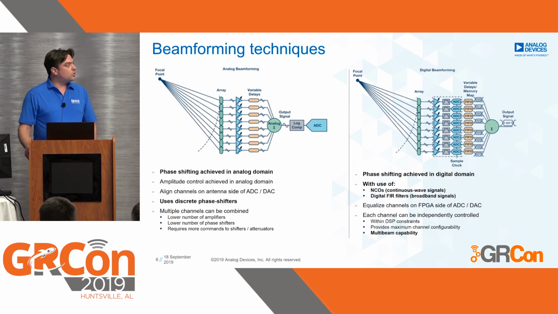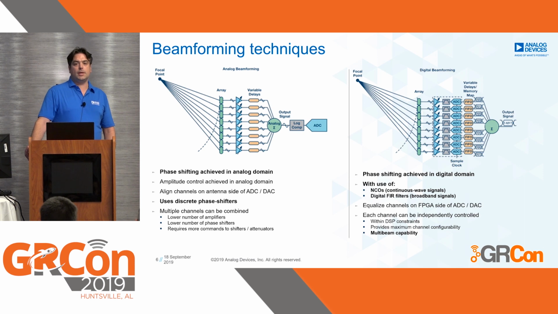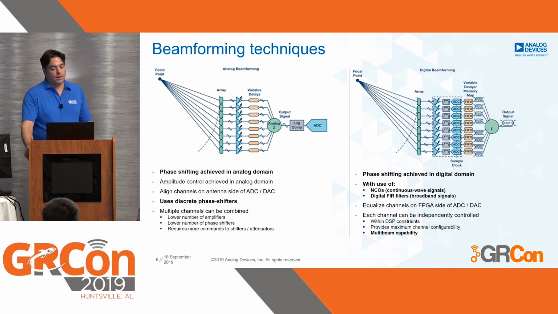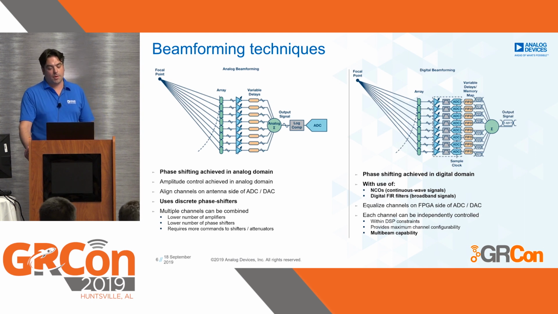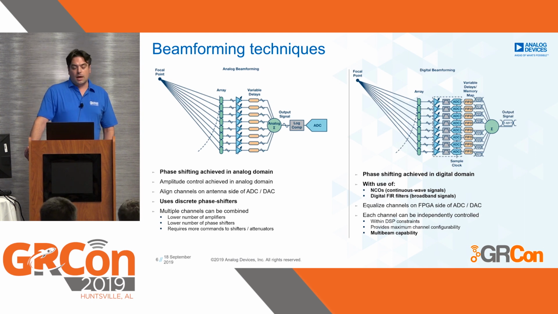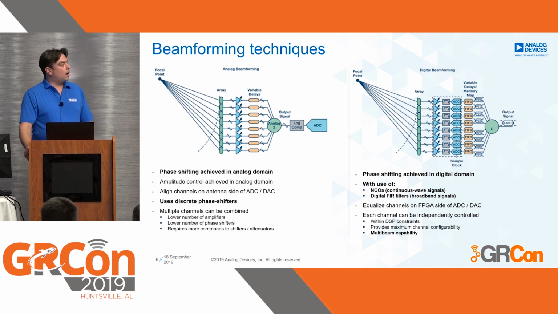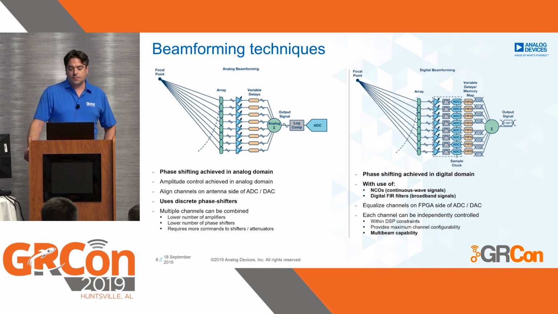There are two main beamforming techniques. One is analog beamforming, where the phase shifting happens in the analog domain and typically uses discrete phase shifters. The other one, which is becoming more and more popular, is digital beamforming, where the beamforming happens in the digital domain by using numerically controlled oscillators or digital filters.